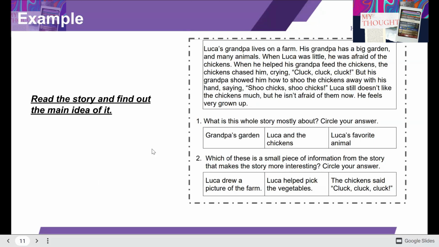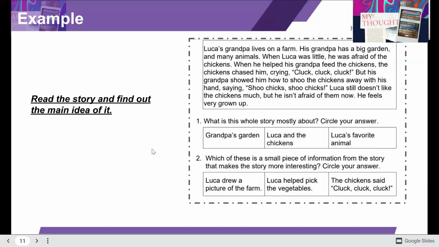For the first question, for me the answer is Luca and chickens. For me also the same. In this paragraph they continuously talk about Luca and how Luca is afraid of chickens, and the story about Luca and the chickens.